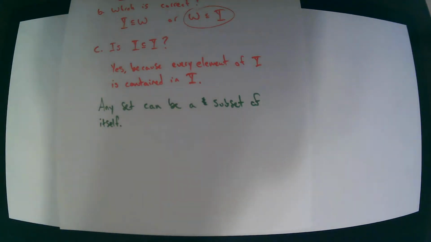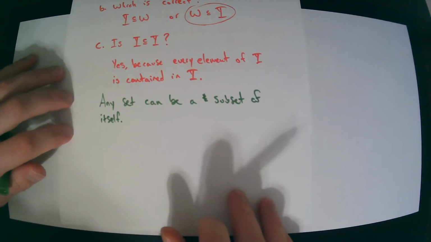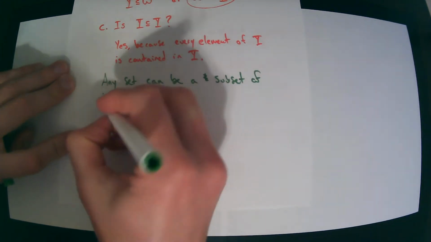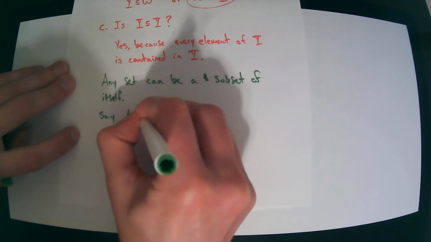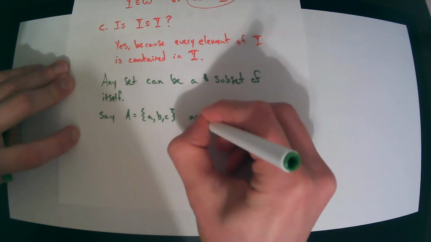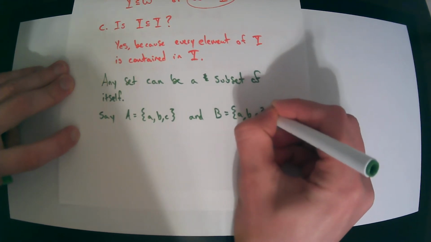Let's actually keep talking about this idea that any set can be a subset of itself for a second, because it's going to lead into the next definition. So say I have one set A equal to {A, B, C}, the first three letters of the alphabet, and B is equal to that same set, {A, B, C}.